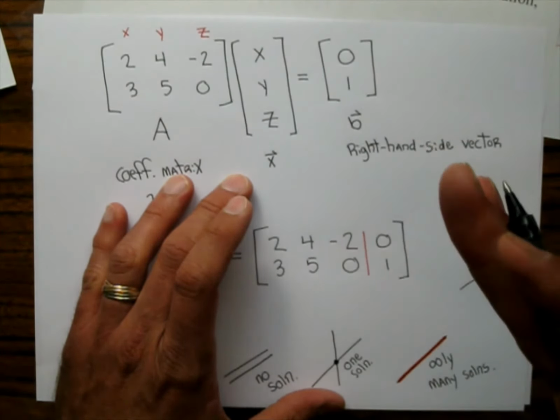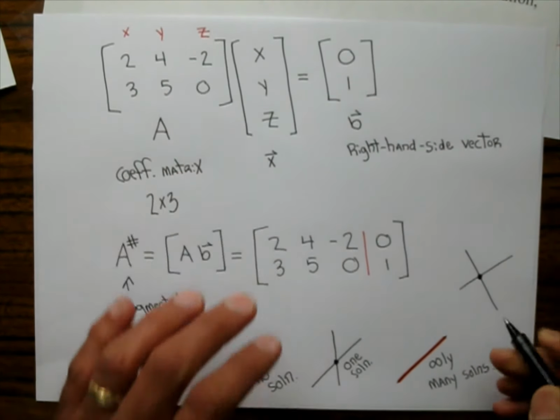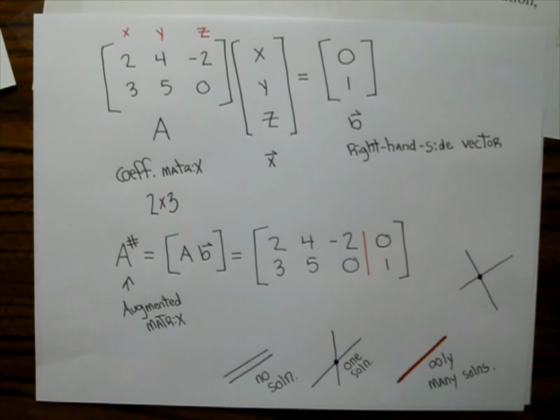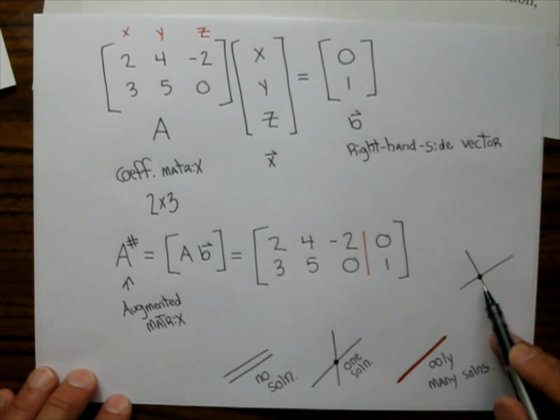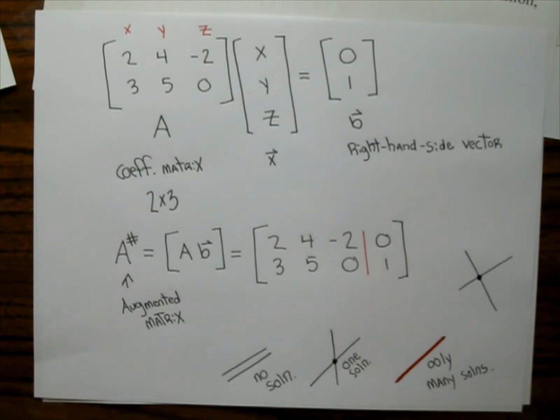Let's say you walked around 3 space until you saw that. Well, it looks like they just have a point in common, but if they're coming out towards you, they actually intersect at a line, and that's infinitely many solutions. So infinitely many solutions is kind of dumb in 2 dimensions, but once you get 3 or higher dimensions, it actually becomes more interesting.